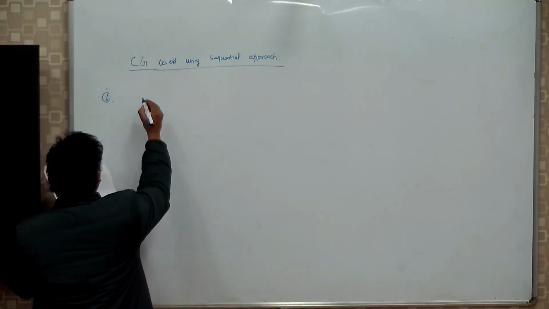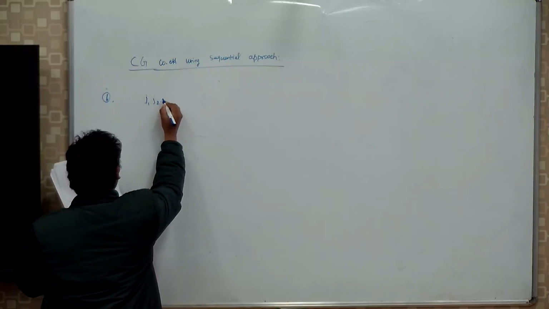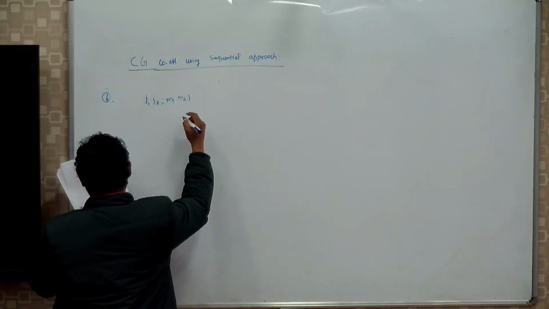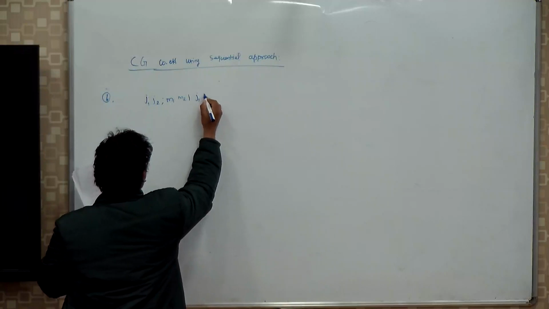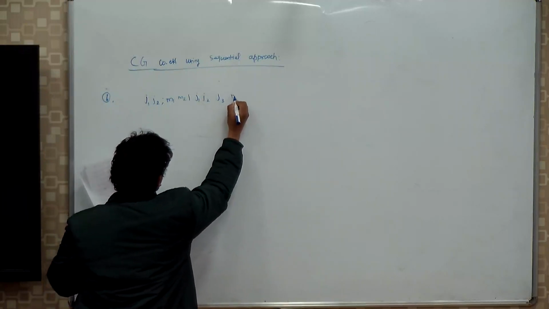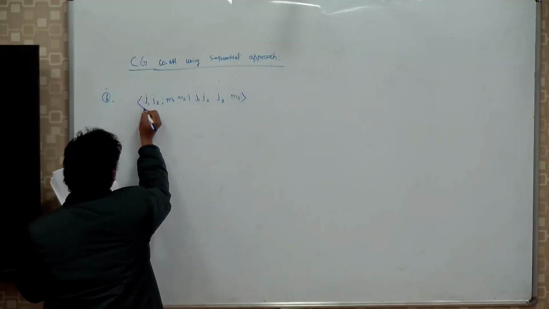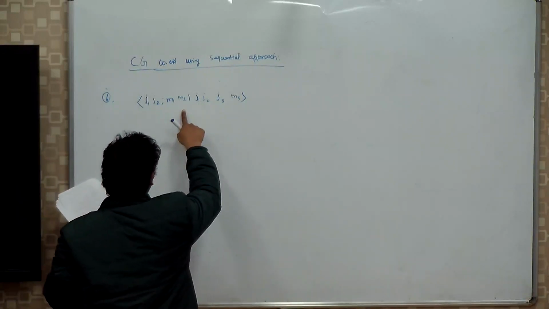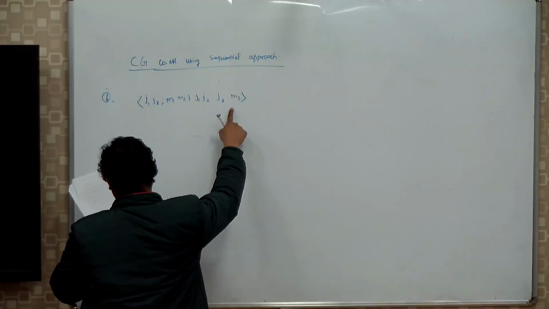So, considering J1, J2, I'm writing a state vector with M1, M2, sorry, CG coefficient, then J1, J2, this is J3, M3, and we need not bother about this one, but we will come here basically.